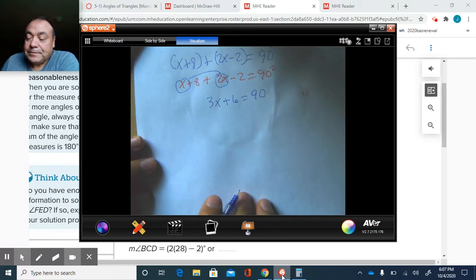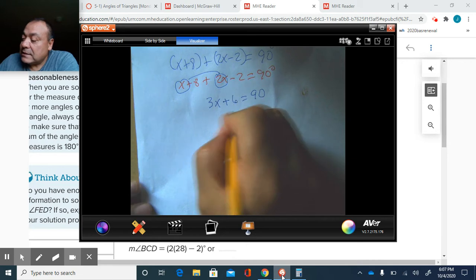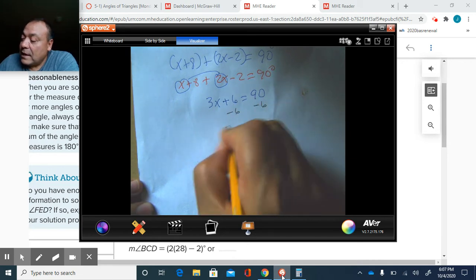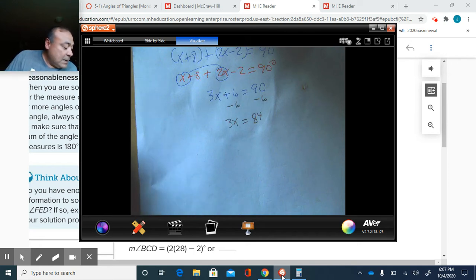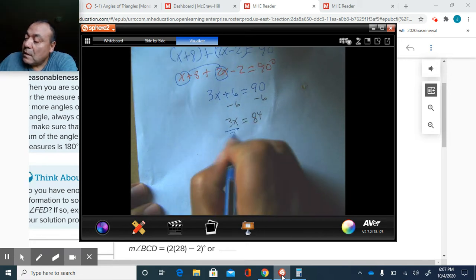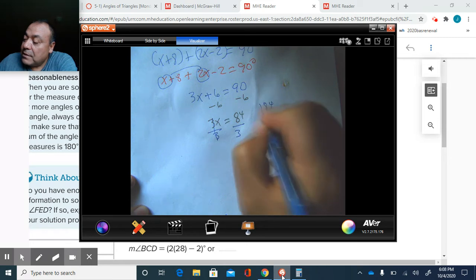Okay, from there it's not so bad. We're going to subtract 6. Subtract 6. So I got 3x equals 84. Then I'm going to divide both sides by 3. And let me see, I got 84 divided by 3.